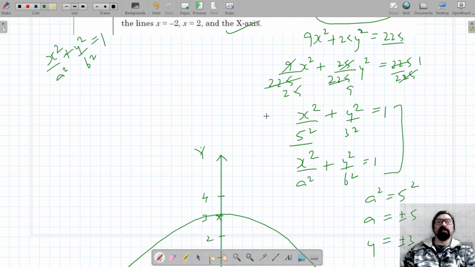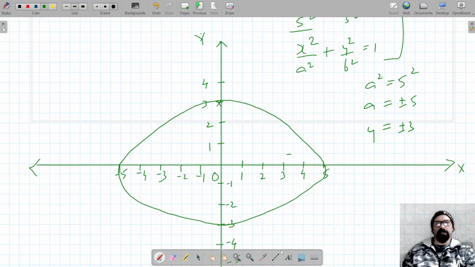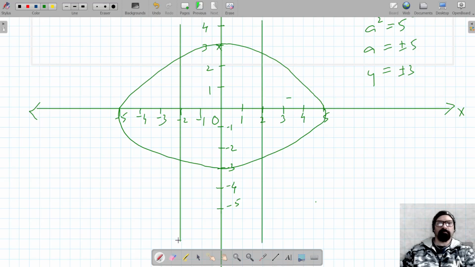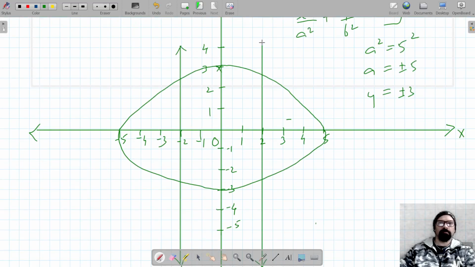Now, there are two lines, x is equal to -2 and x is equal to 2. So x is equal to -2 is here, and x is equal to 2 is here. Now we have to find the area, and our area is this one.